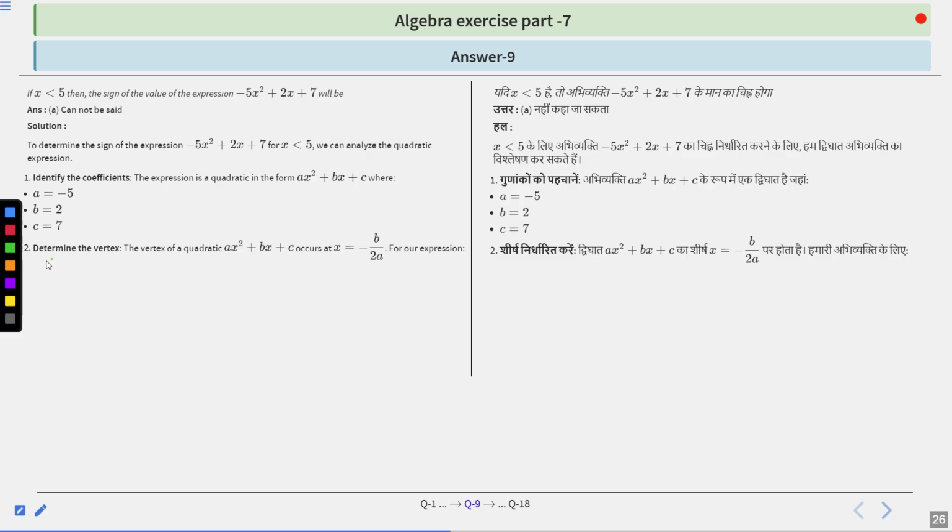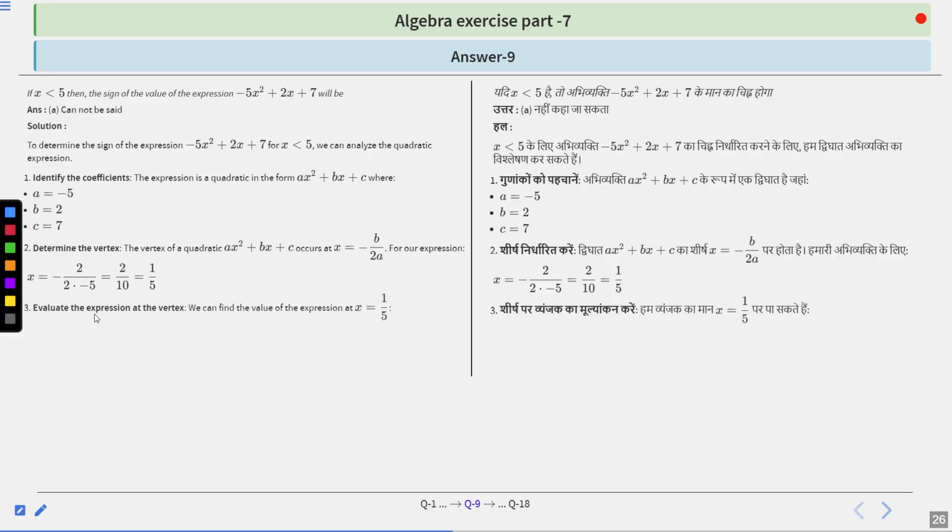Second step is to determine the vertex. The vertex of ax square plus bx plus c occurs at x equal to minus b upon 2a. For our expression, x is equal to minus 2 upon 2 into minus 5, that is equal to 2 upon 10 or 1 upon 5.